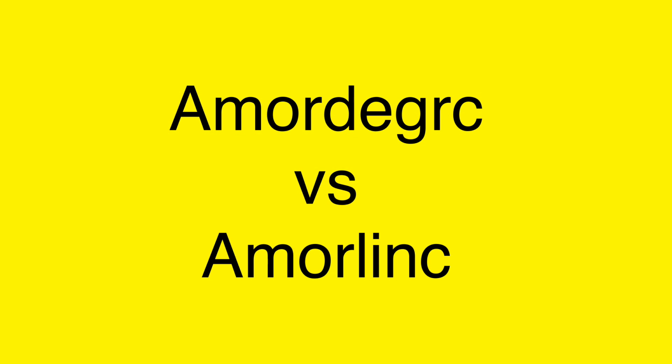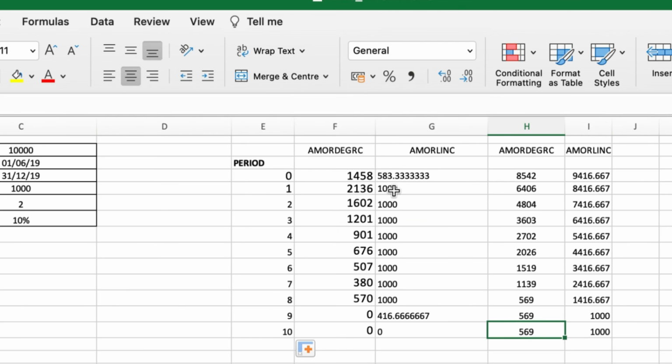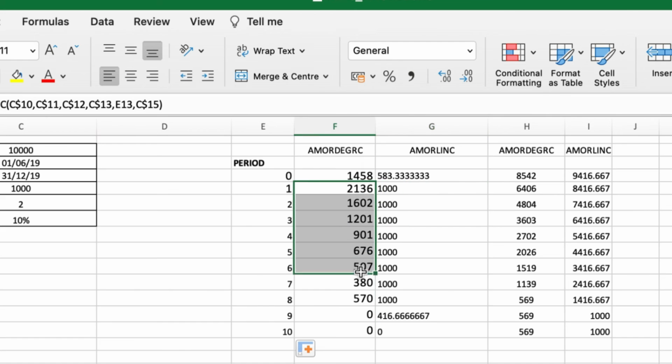So what makes the formula differ between these two? Here the value is only 1000, here it is declining in its value.